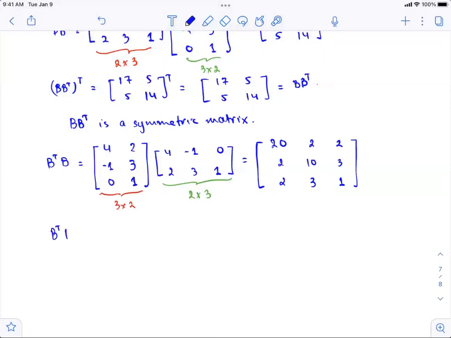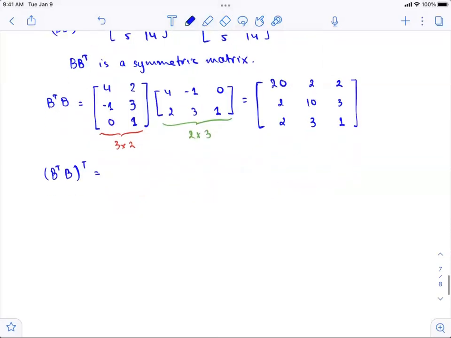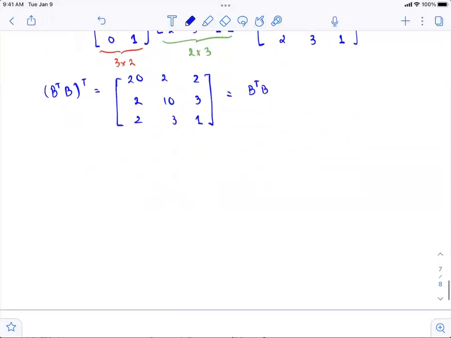And if you take the transpose of this matrix, you will get the same matrix, [20, 2, 2; 2, 10, 3; 2, 3, 1]. So this is equivalent to B transpose times B, and therefore you conclude that B transpose times B is a symmetric matrix.